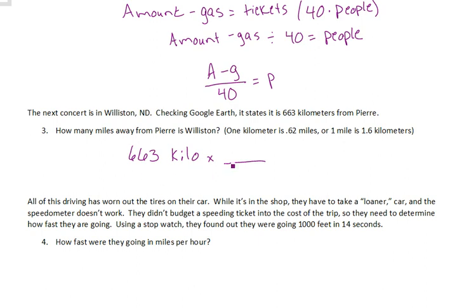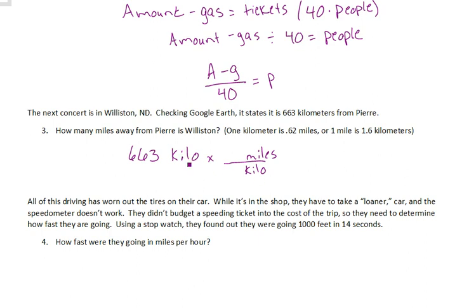So looking at this, I want to cross cancel and get rid of kilometers, and change this to miles. So that's the first thing that you do with a dimensional analysis problem. Write what it is that we have, and we're going to cross cancel.